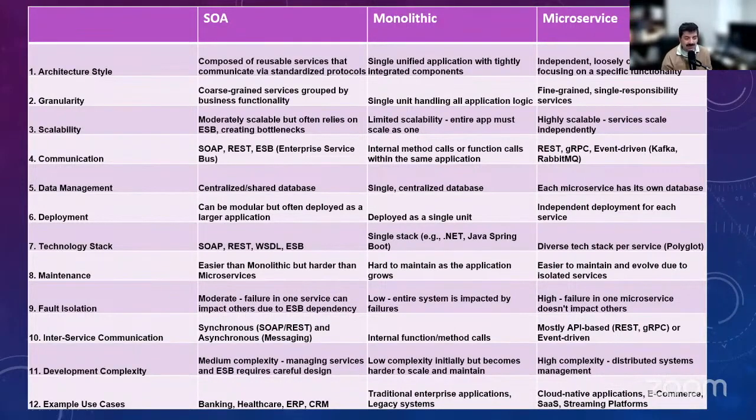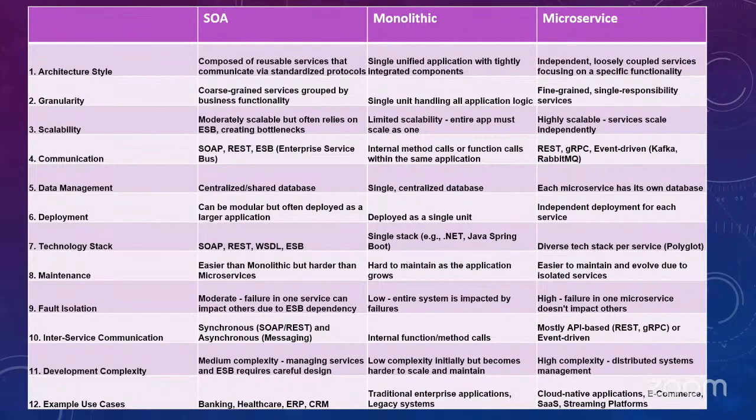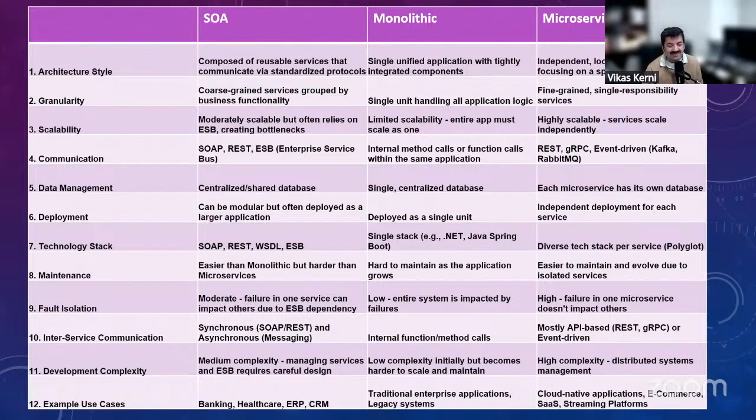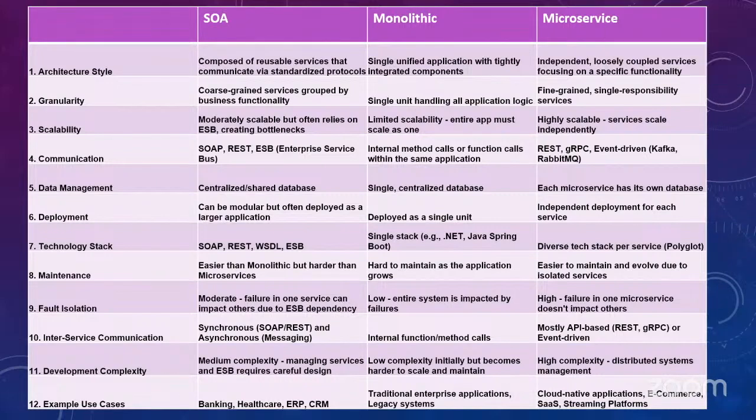Any questions so far? SOA versus monolithic versus microservices. Just for my understanding, you are saying each functionality, like catalog or payment, is a separate microservice, and they are going to use separate databases.